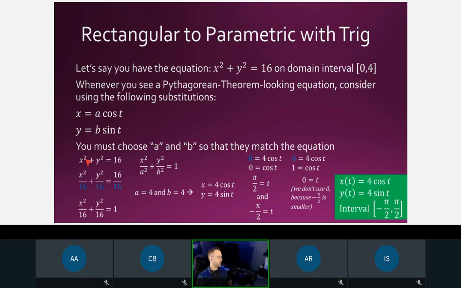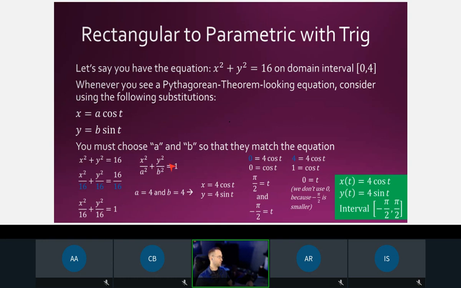Taking the example problem, x squared plus y squared equals 16, I need to get it in the form that looks similar to what an ellipse looks like, so it equals 1. So I divided everything by 16, which I showed here. 16 over 16 is 1, and then I just leave it like this. Now this is the form of an ellipse that allows us to see what the A and B values are.